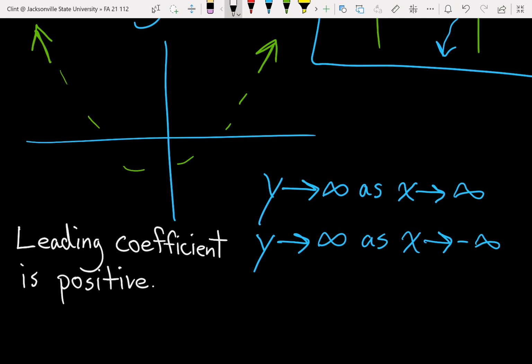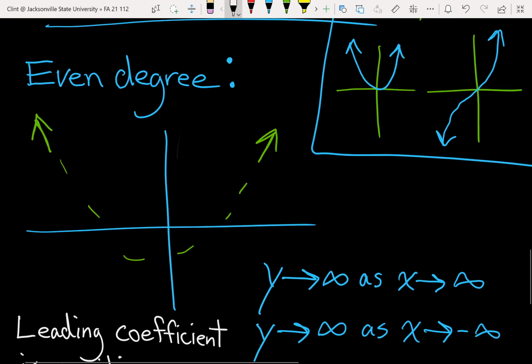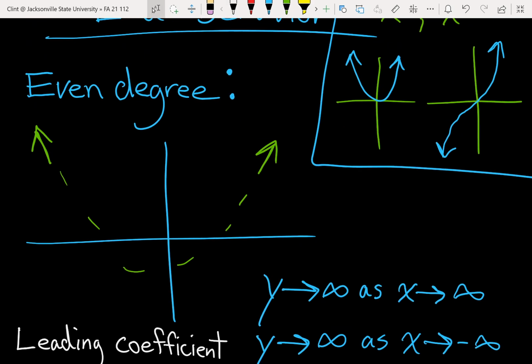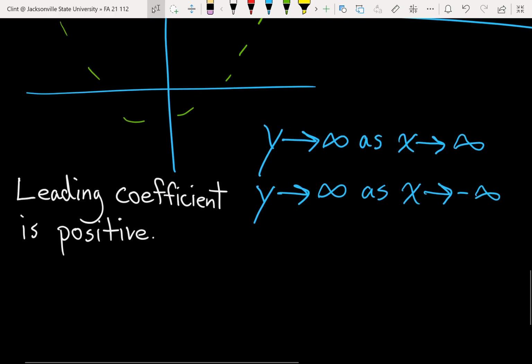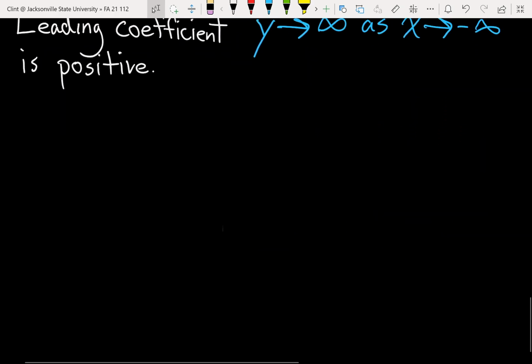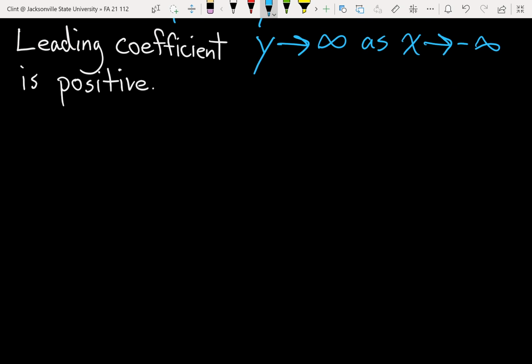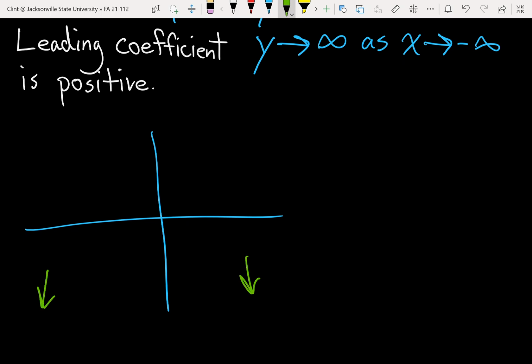Second situation, we're still thinking about even degree. So our degree is still 2 or 4 or 6 or 8, something even. The other thing that can happen is that both ends of our graph go down. And again, we're not worried about what's happening in the middle right now. We do know it's some kind of smooth curve with no jumps or holes or breaks or corners.